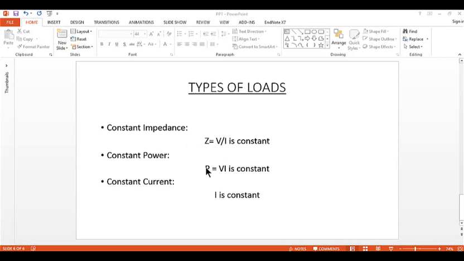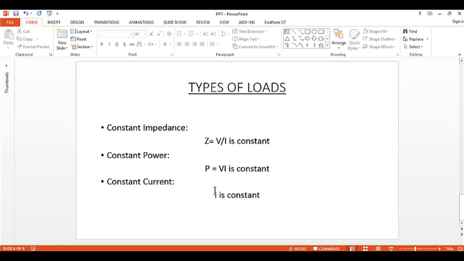Constant power loads are those loads in which the value of power remains constant. Examples of these types of loads are the motors. That means if the voltage is increasing, then the current will decrease, and if the voltage is decreasing, the current will accordingly increase so that the value of power is constant.